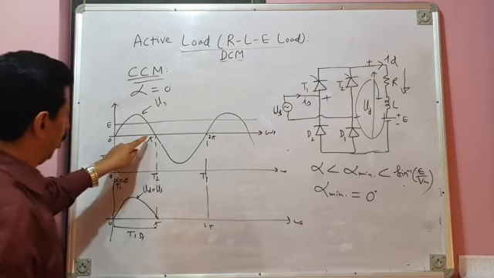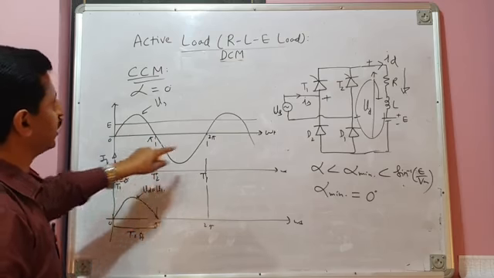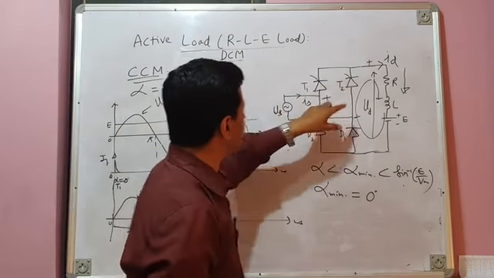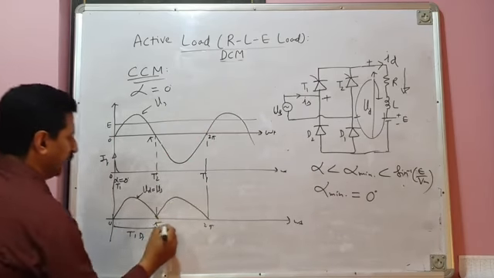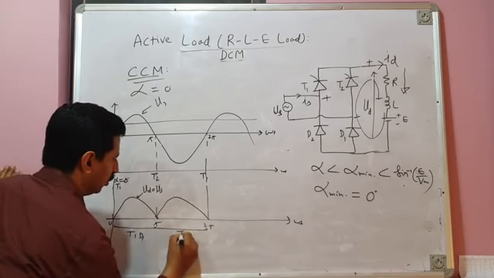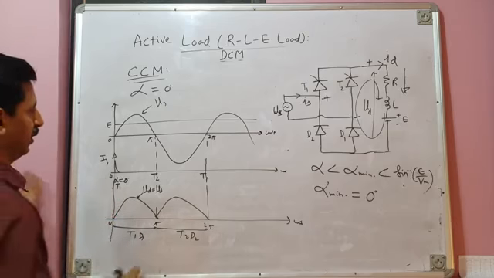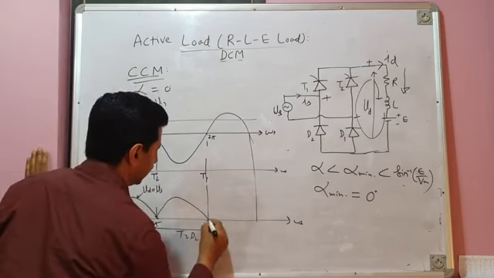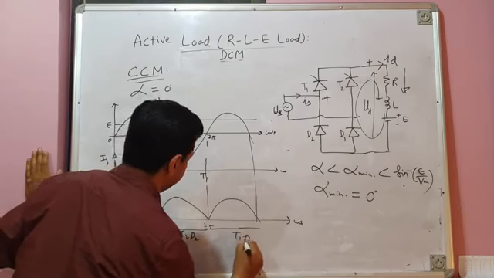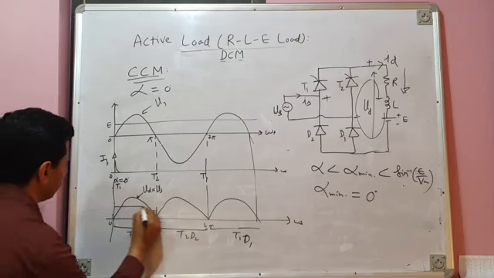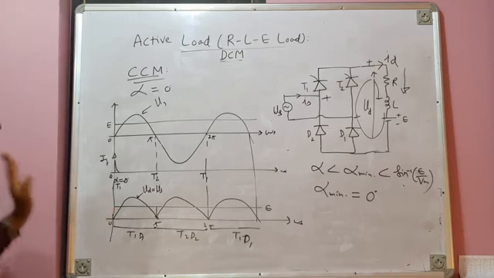At omega t equal to pi, thyristor T2 is fired, so the T2, D2 pair conducts and another positive half cycle appears across the load. Even freewheeling action does not appear in this case. Then again T1, D1 conduct. This is for example your E, but E does not show its presence.